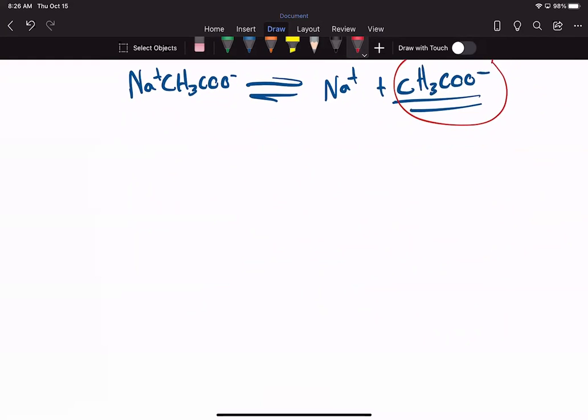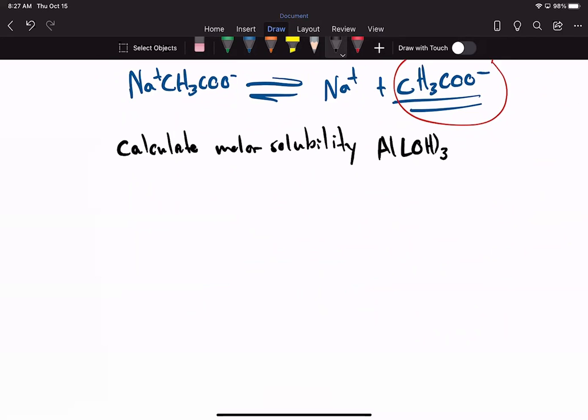So let's calculate the molar solubility of aluminum hydroxide in a 0.015 molar solution of aluminum nitrate.